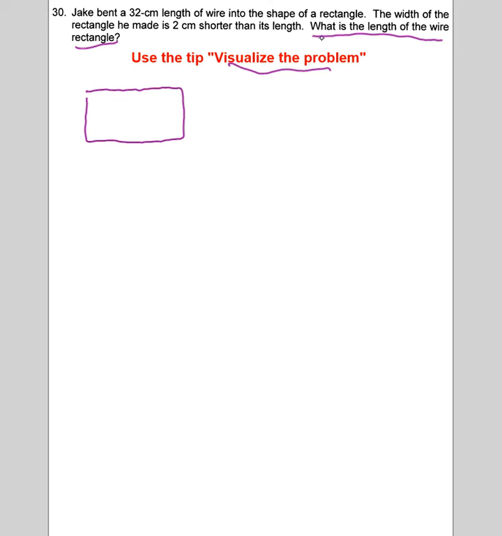So for me, when I look at the question, what is the length of the wire rectangle, that's where I'm going to assign my variable. So I'm going to say L equals the length of the rectangle. And then I'm going to go right over and put that on my drawing.